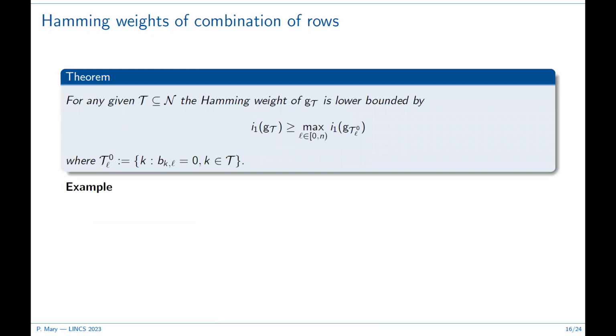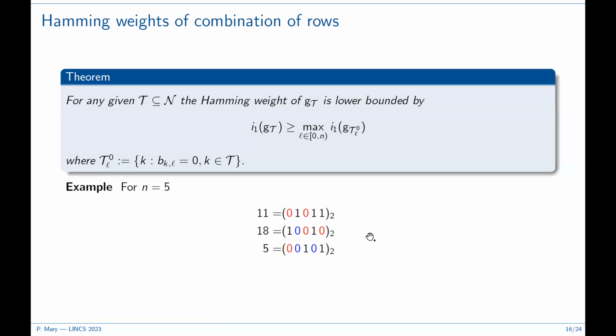A preliminary theorem that is important states that the Hamming weight of a combination of any rows of the polarization matrix is lower bounded by the maximum of the Hamming weight of a subsum of the rows of the polarization matrix corresponding to the zeros at position L. So for instance, if we take n equal 5, we have these three rows, 11, 18, and 5.